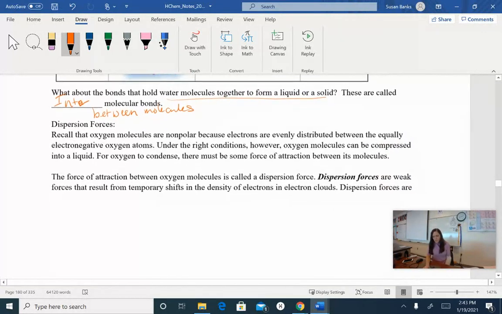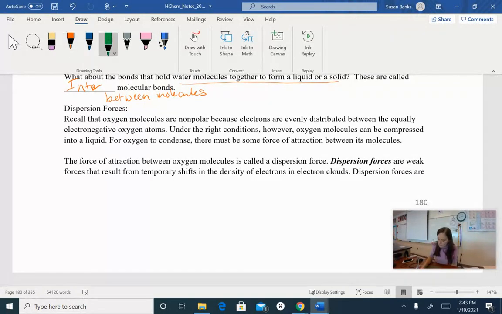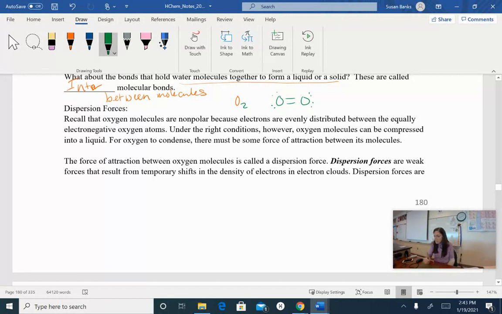Okay? I want you to recall oxygen molecules. So oxygen is O2, right? If I do the Lewis structure of oxygen, I have 12 valence electrons, six electrons for each oxygen. To satisfy the octet for oxygen, I have to put a double bond here.